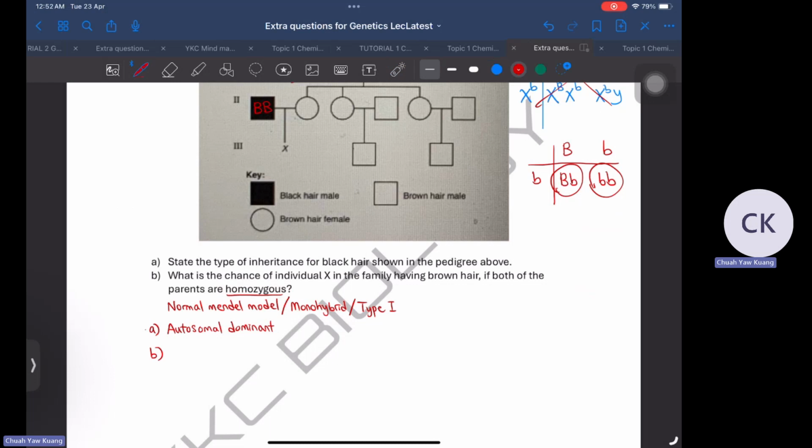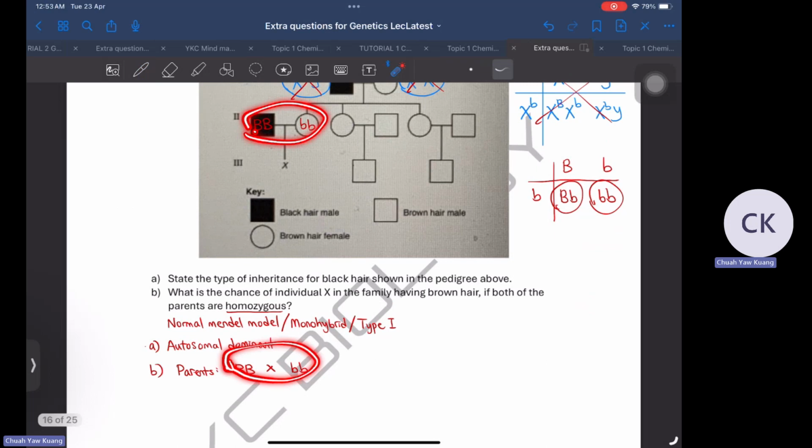For the female, the mother is brown hair, so of course she is homozygous recessive. So first step, parents: homozygous dominant crossed with homozygous recessive. This is the parents of X.